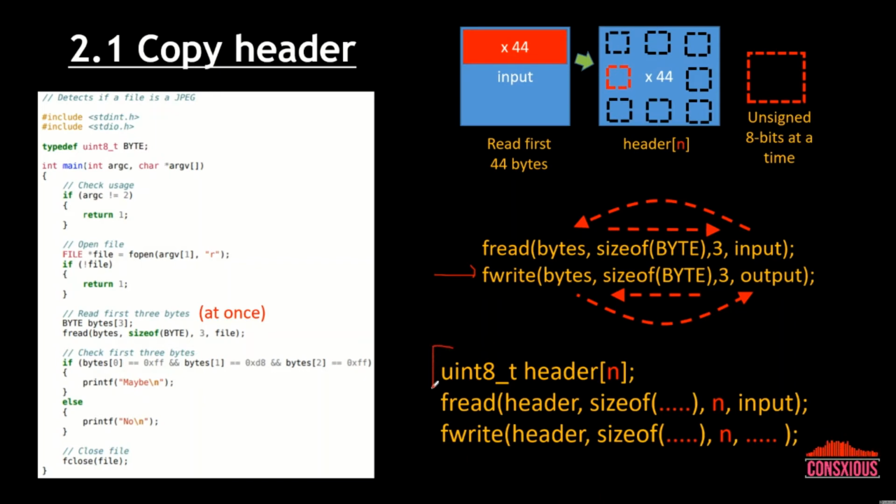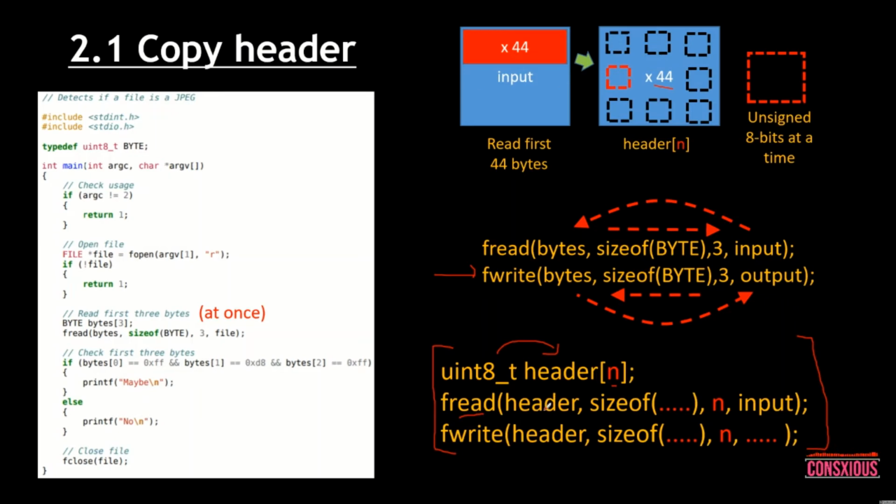For our lab 4, this will be the code here. So you use uint8_t, which is the 8 bits. We just declare an array of size n. The n will be 44 here. We also can use a global variable. And we create the fread because we want to copy the headers.